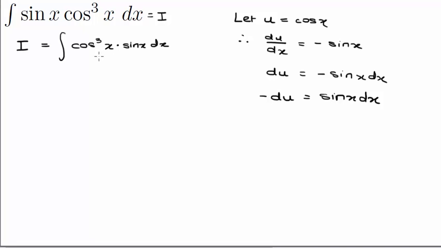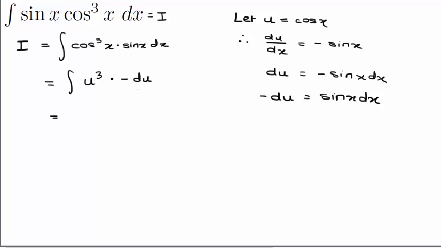And it's a pretty standard u substitution, so we can rewrite this integral using the u substitution. We let u be cosine of x, so this cosine cube of x becomes u cubed, and that's going to be multiplied by sine of x dx, which we found to be negative du.